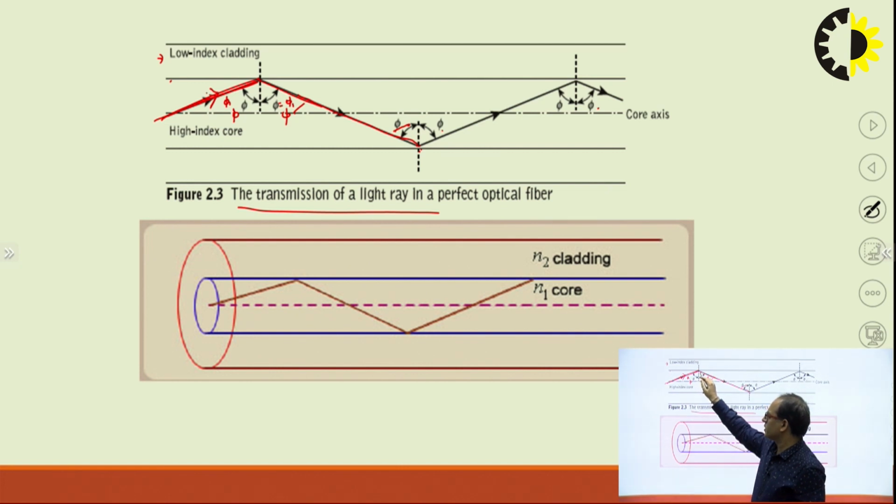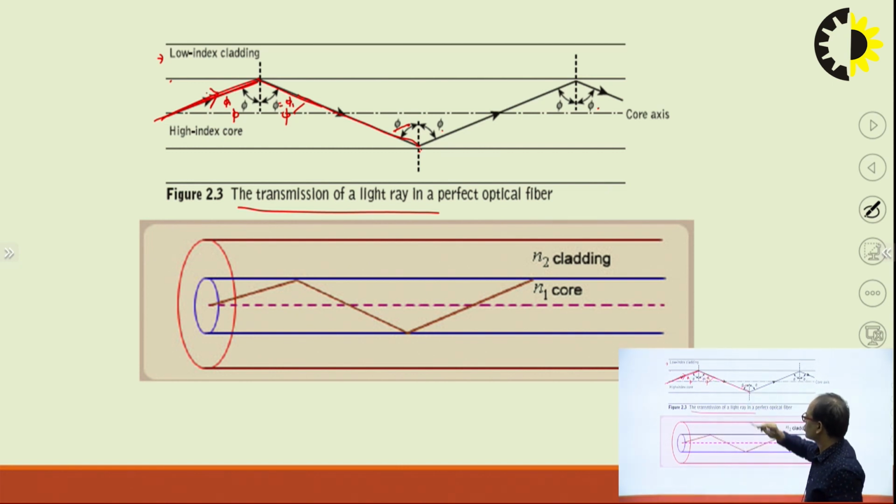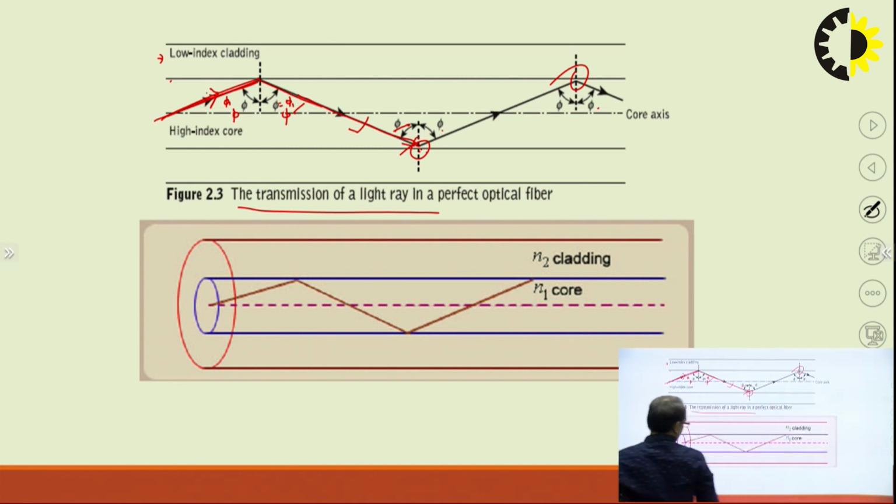At each core cladding interface the incident angle is greater than the critical angle, so total internal reflection will take place. Now see, this is the basic principle of total internal reflection in the optical fiber cable.